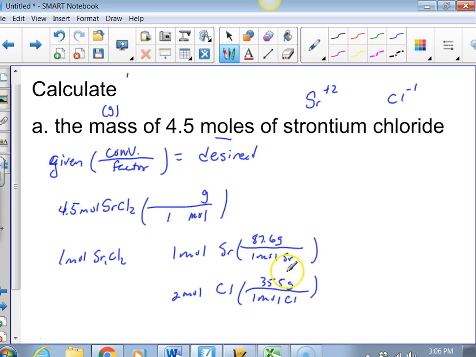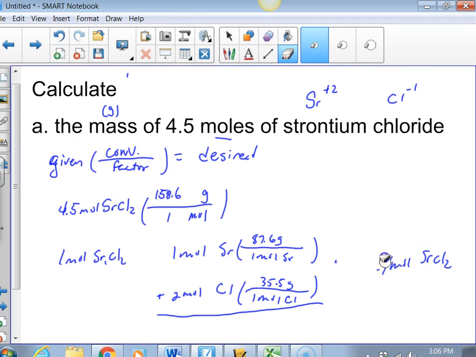Okay. If we add these together, after we do the calculations, what we find is that we've got a mass of 158.6 grams per mole of SrCl2. So that 158.6 grams would go here. So this is just the sum total of the two answers here, which would be, I should have actually written it down just in case.